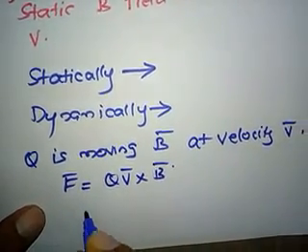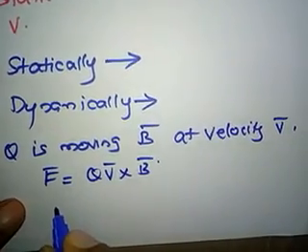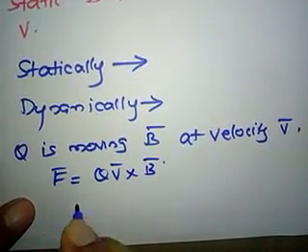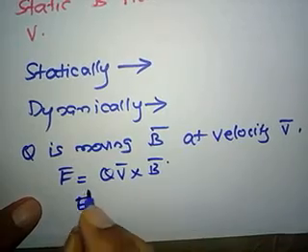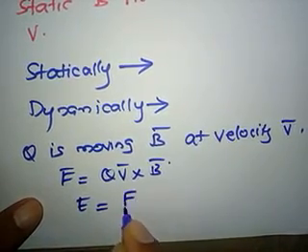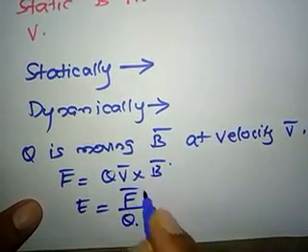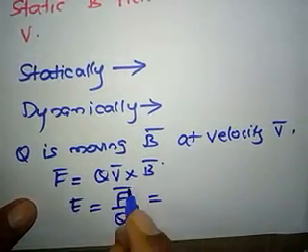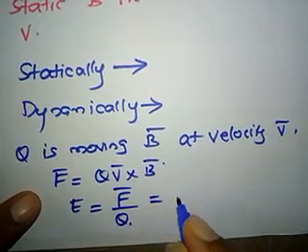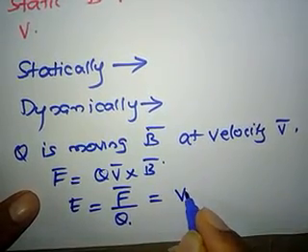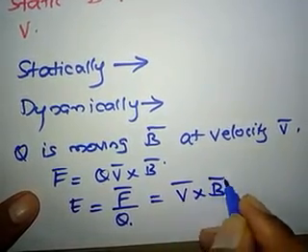Further, we know the equation for the electric field intensity: the electric field intensity is given by force upon charge, E is equal to F bar by Q. If we take F bar by Q in the previous equation, F bar by Q will be equal to V bar cross B bar.